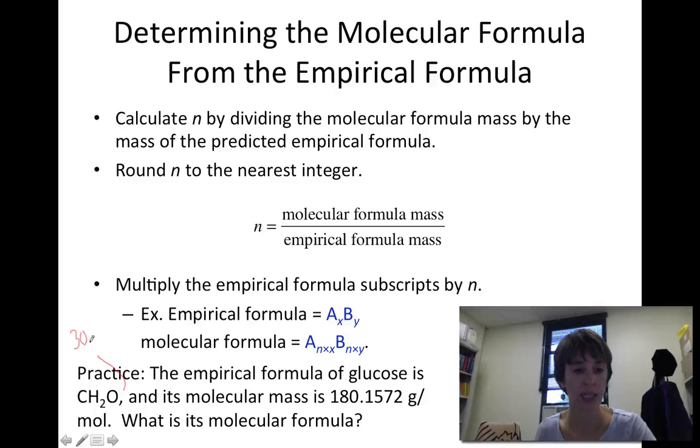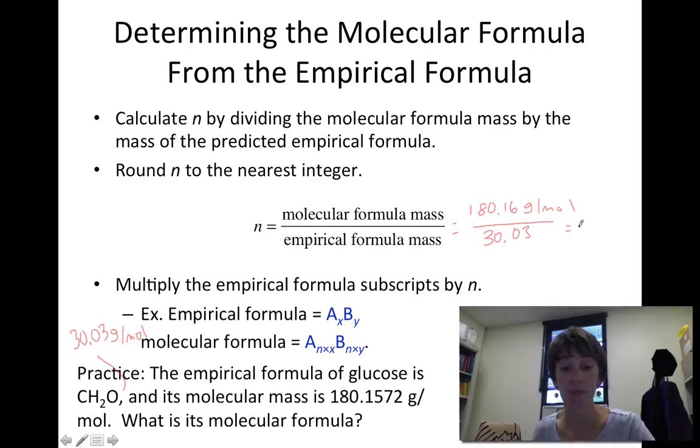If we do 12 plus 2 times 1 plus 16, we get a molar mass of 30, and if we take a few extra significant figures, 30.03 grams per mole. So this compound's actual molecular mass is 180.16 grams per mole.